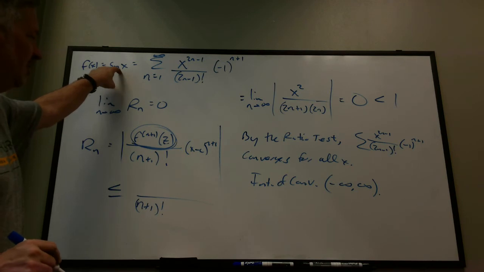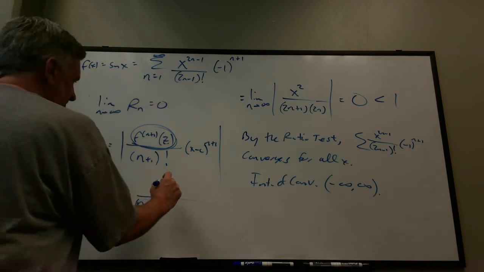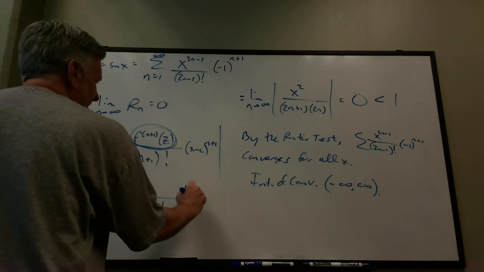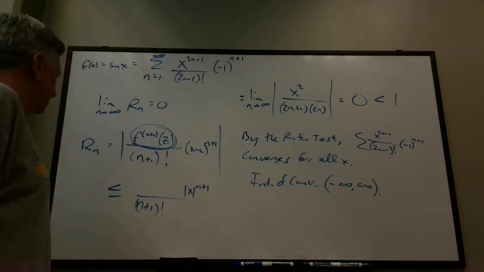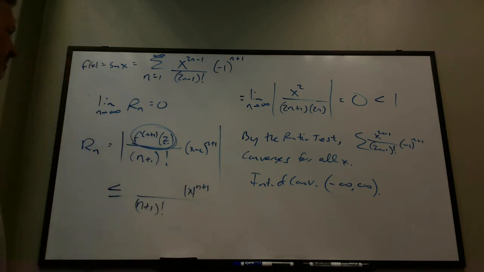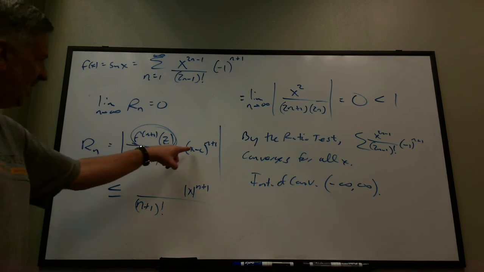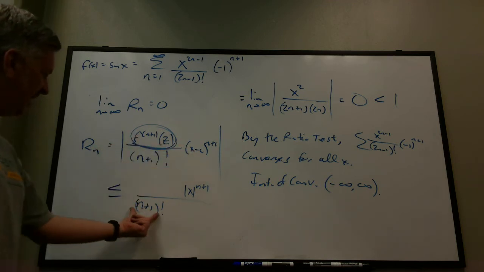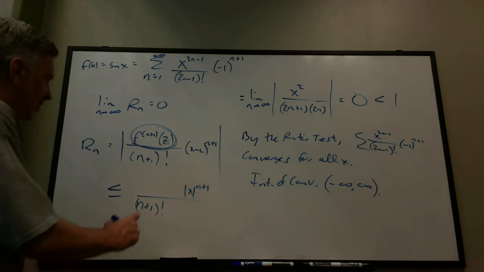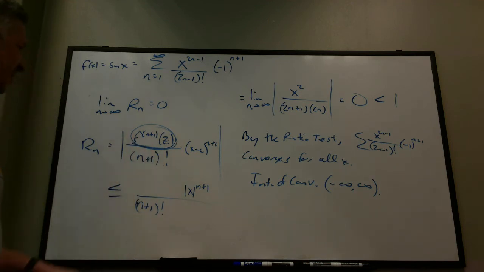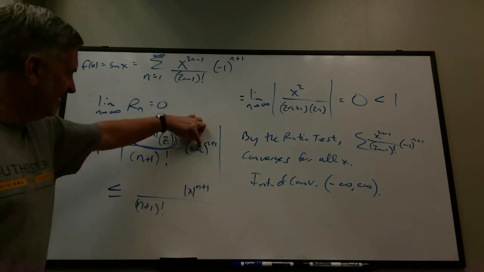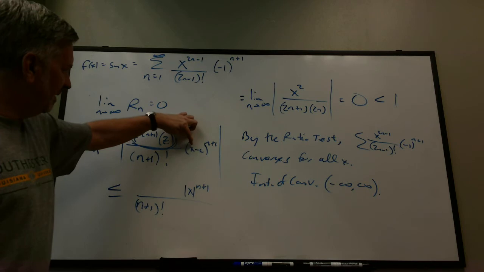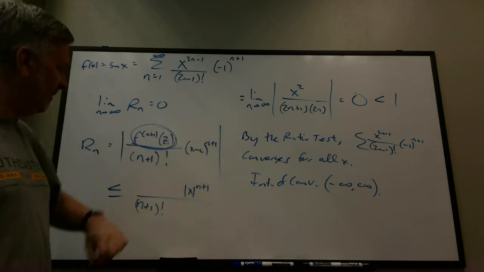It was a Maclaurin, so we're just going to get absolute value of x to the n plus 1. I just took the absolute values around that part. I don't need absolute values on the factorial because n plus 1 factorial is always positive, so I just recopied that. C is 0, but x could be negative here, so I need the absolute values on that.